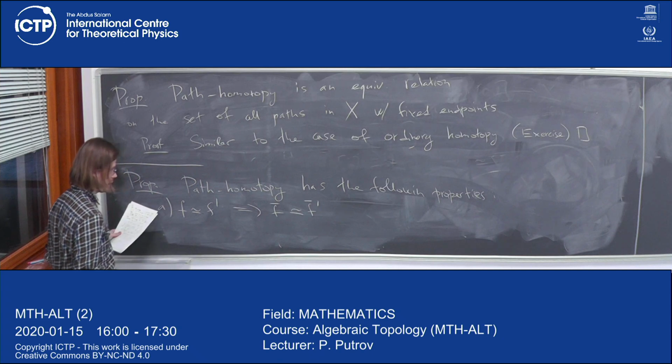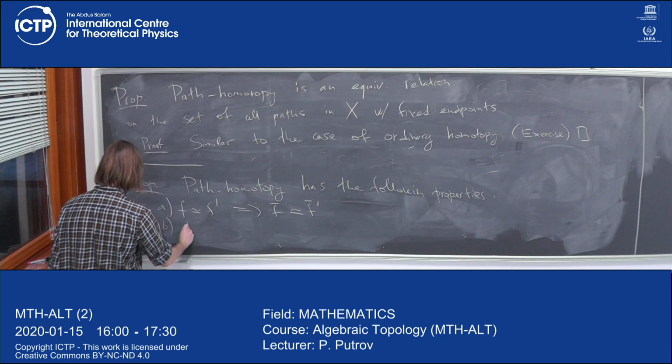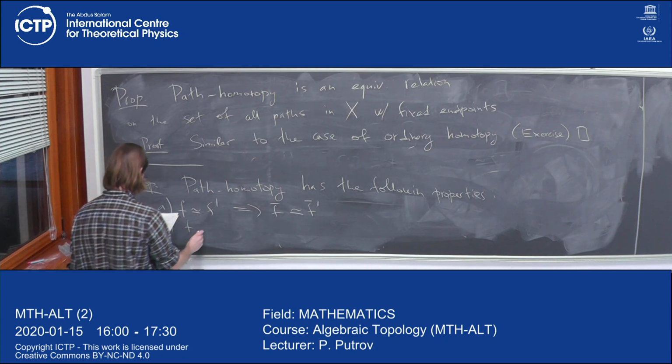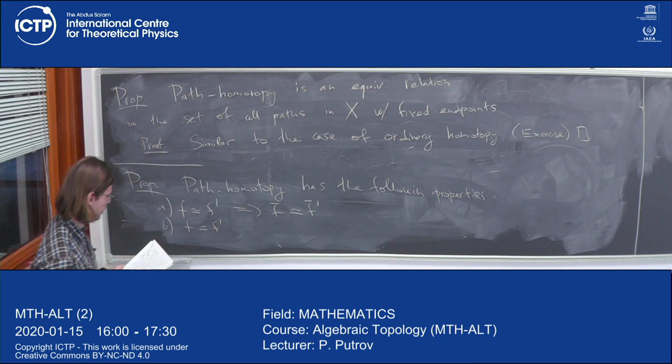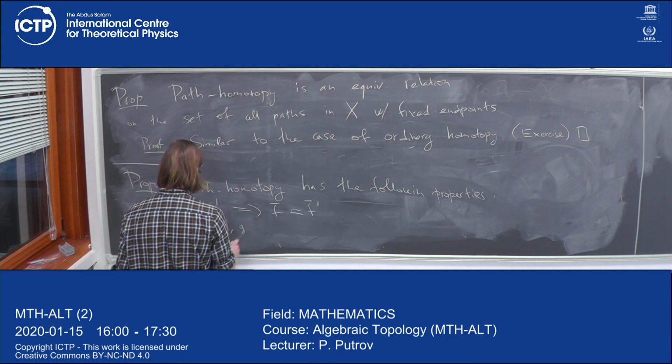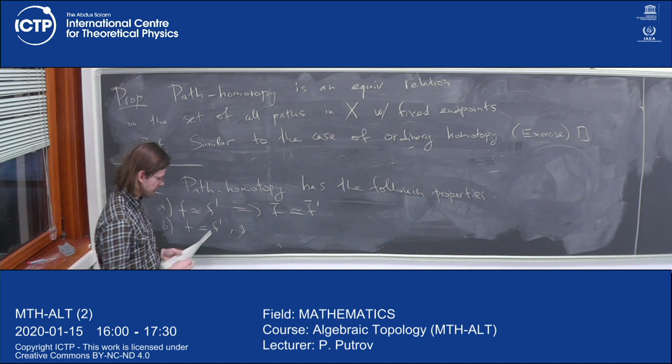The first property means that if two paths are homotopic, their inverses are also homotopic.